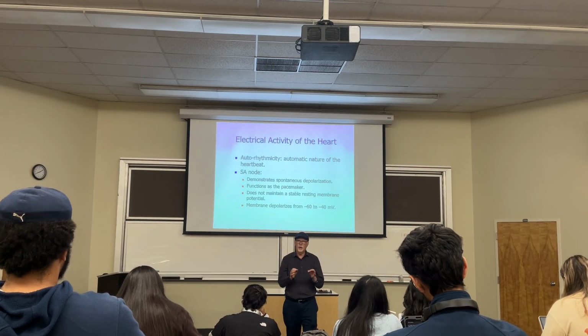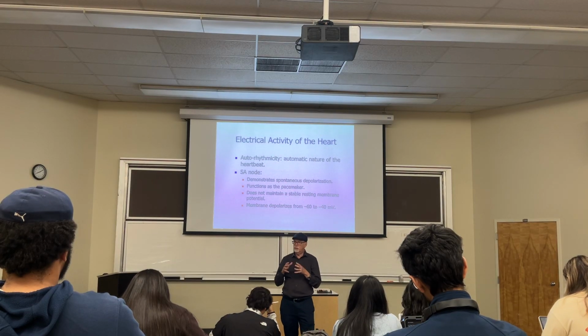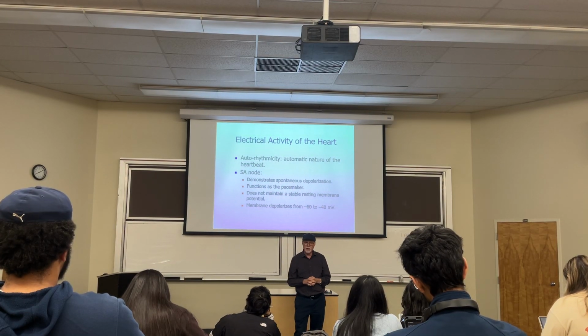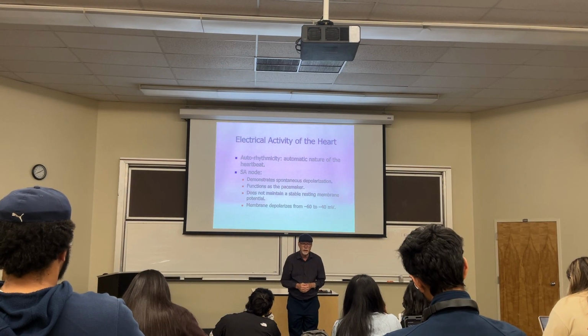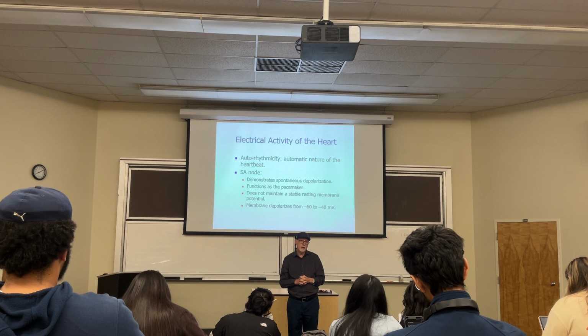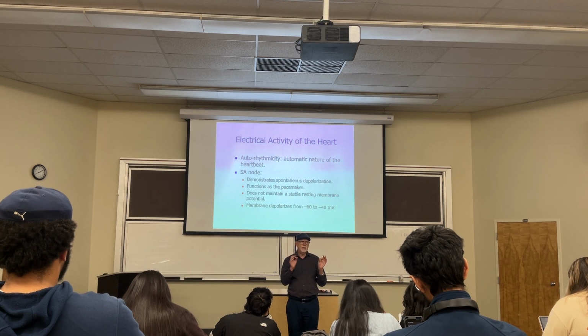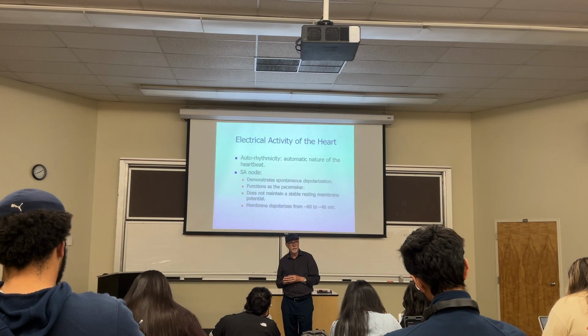Now, even though we have an autorhythmic functionality of the heart, pacing of the heart, we can increase and decrease the heart rate around that normal rhythm. That pacing comes from the medulla oblongata, the cardiac center of the medulla oblongata.